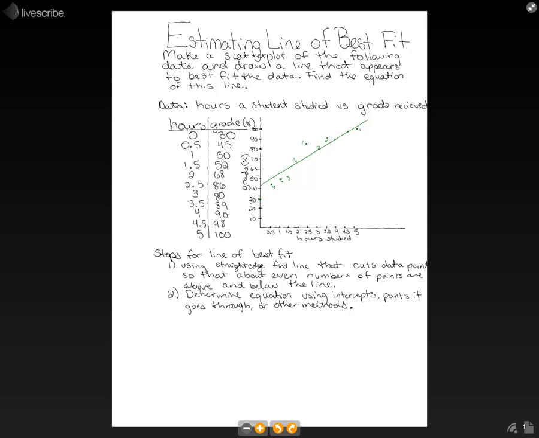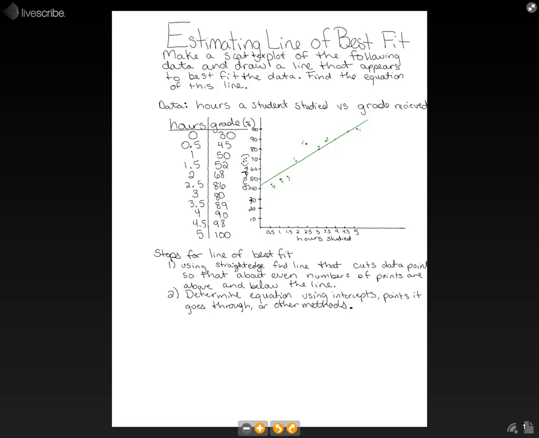And then we also have our initial point of the 30 down here. So I guess there's 5 points below and 3 or 4 on top. This is kind of a general rough estimate because what we're doing is just visually trying to determine what this line might be. This is not a mathematical way to do this. And because of that, often you'll get different results from different people because it is an opinion thing.